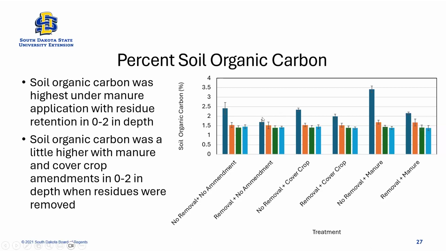And the cover crop and manure application when you remove the residue had a little higher carbon than when you removed residue with no amendment, but keeping the residues had more benefit to soil organic carbon than adding the two amendments. And it only affected the soil organic carbon in the 0 to 2 inch depth.